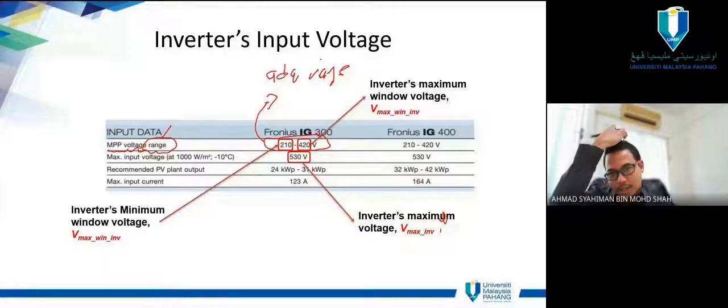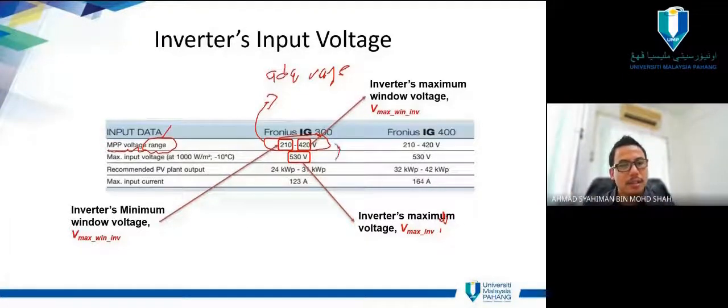Okay. So there the minimum. The minimum one we call as the inverter's minimum window voltage. Panggil sebagai window voltage. But it's okay lah kalau dia kata minimum MPP voltage ke whatever lah. Tapi this one is the minimum window voltage lah. While the highest one here, 210 until 420.